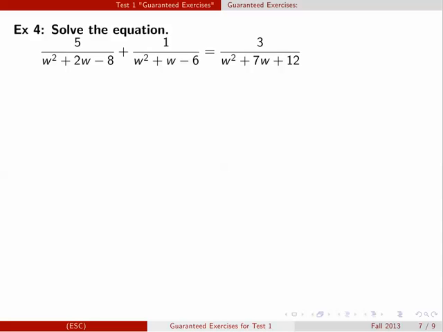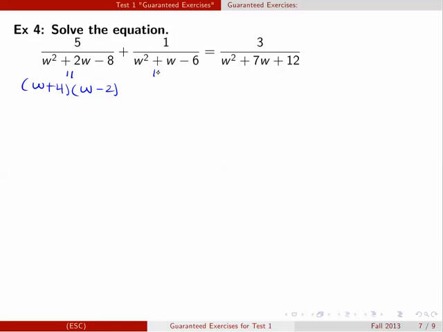Okay, when we deal with an equation that has fractions, we solve it by finding the LCD, which we can find by factoring the denominators of all the fractions. So here this is w plus 2 times w minus 2.